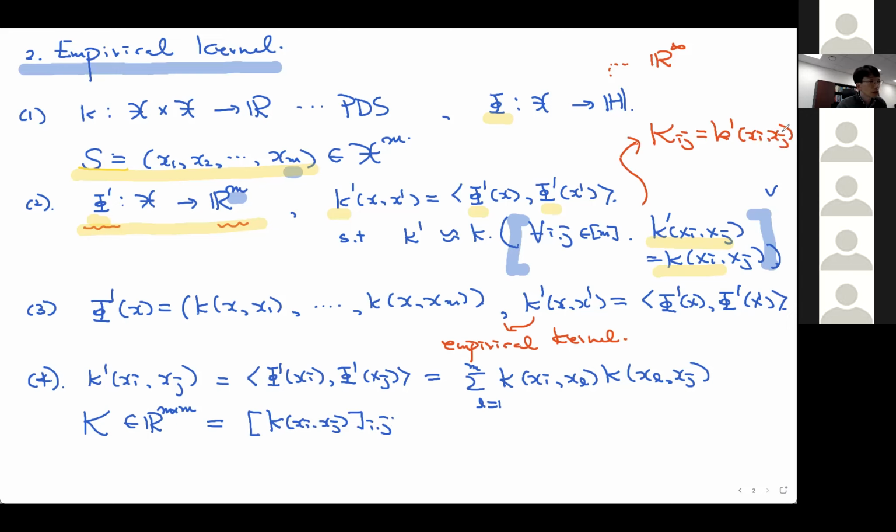But now let's see what's going on in terms of the kernel matrix.